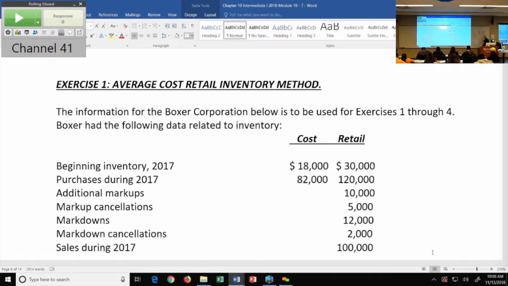And if these are sales, now we're going to assume that 45 is the ending inventory at retail. Now the premise is to get this at cost. How do I get it at cost?